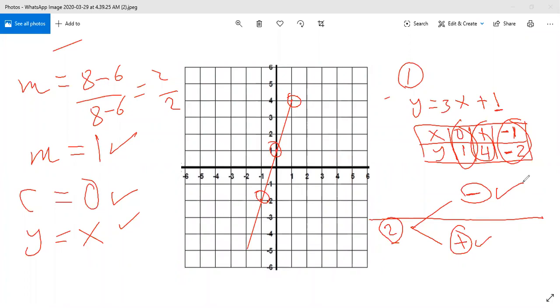If the straight line is making an acute angle with the positive direction of the x-axis, so my gradient is a positive gradient.